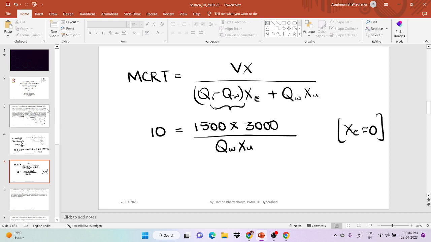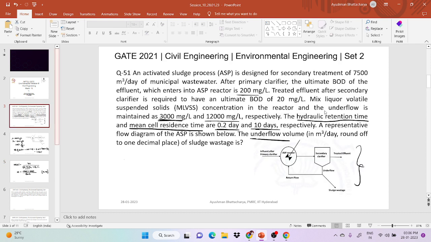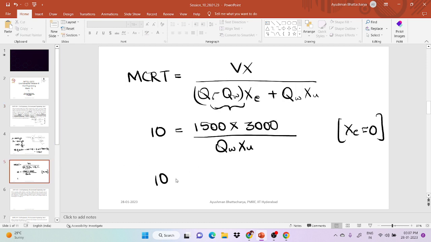Now you can see that the underflow MLSS concentration they have given us is 12,000 milligram per liter. So 10 is equal to 1500 into 3000 divided by QW into 12,000.